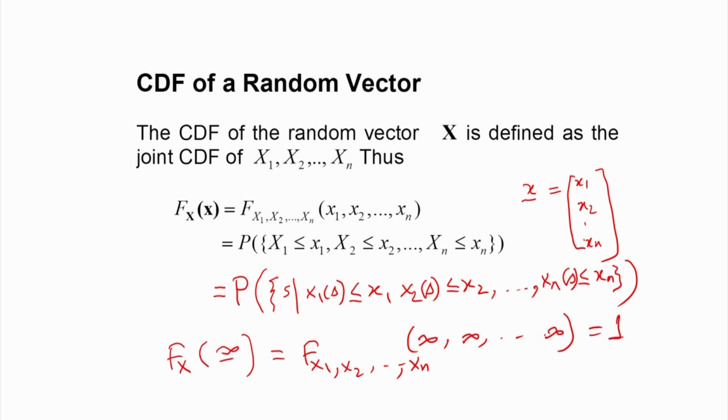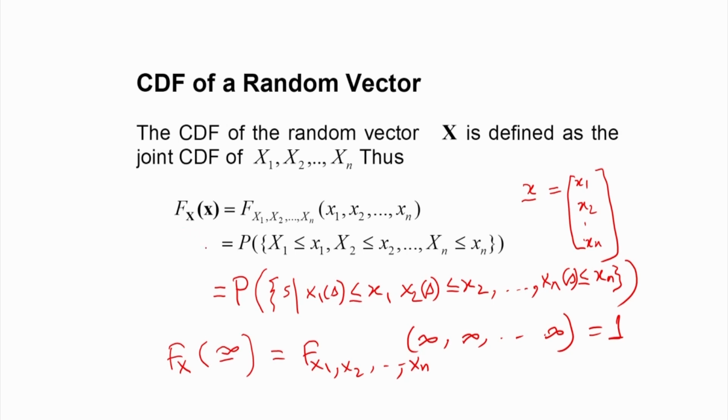Similarly, this CDF will be a non-decreasing function of all its arguments, and it is right continuous in all its arguments etc. So, that way an n dimensional random vector can be characterized by its CDF F x of x.